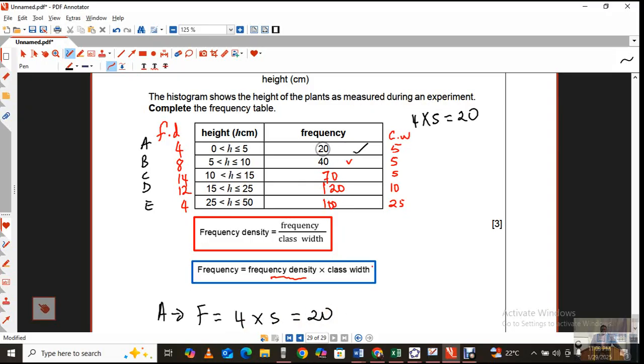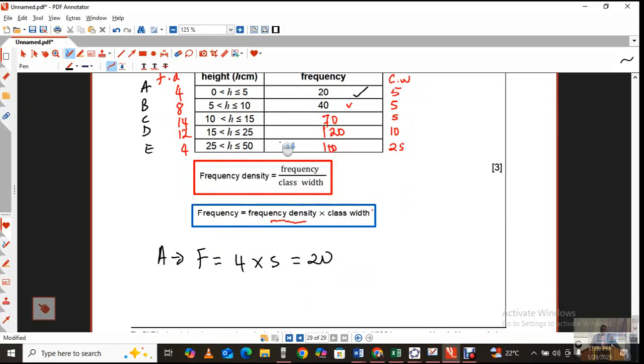It's already done for us. For B, frequency equals frequency density, which is 8 from the diagram, times the class width, which is 5. That's how you get your 40.